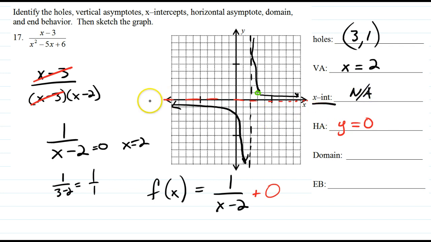The domain, so for the domain what we do is we look at this vertical line that goes across, it's touching, touching, touching, so all these are good x values, but when it gets here on that vertical asymptote, it doesn't touch. And so that means the domain is going to be all real numbers except x equals 2.